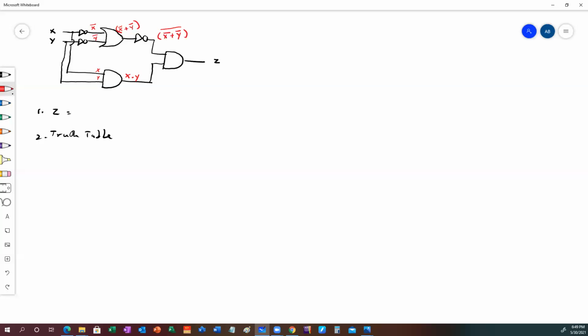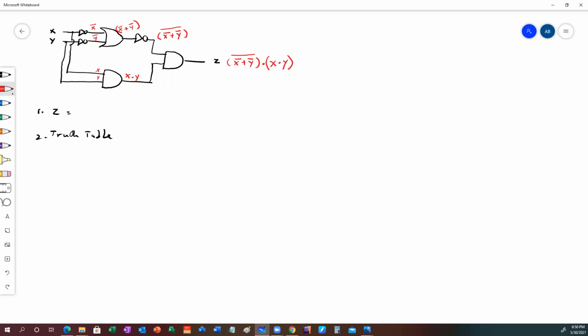Then finally you get X bar OR Y bar within brackets, full bar. This one becomes AND, and then down here you get X and Y. You can put this within brackets, but that is not necessary. You can leave it without brackets.